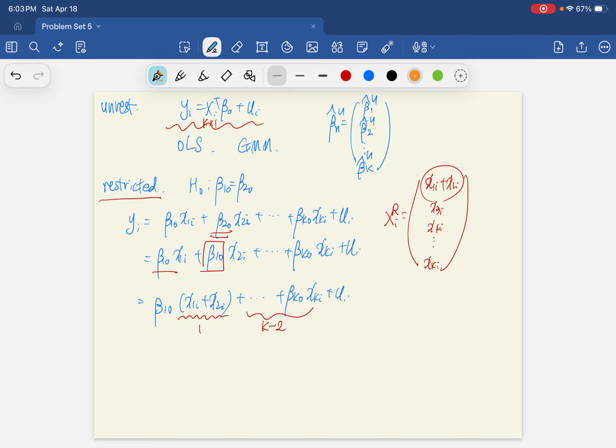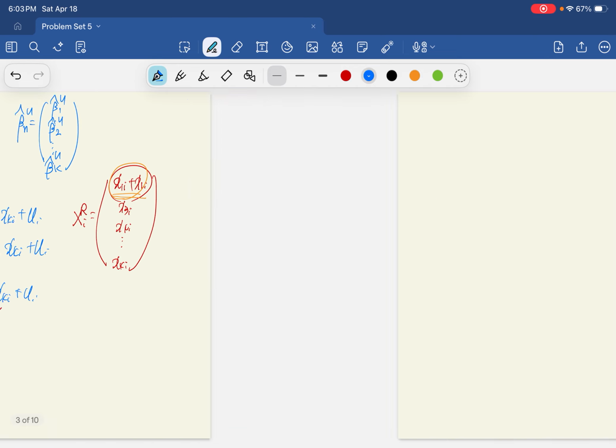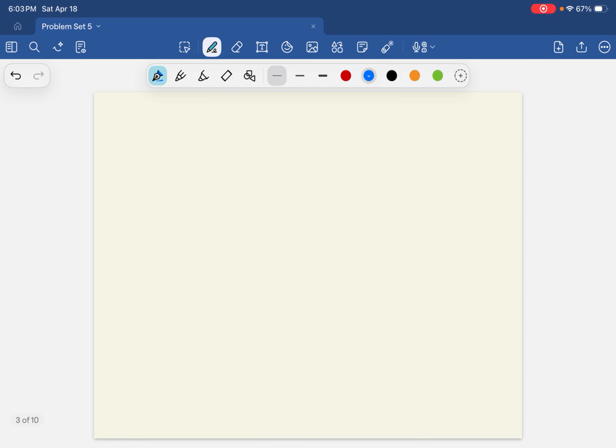That's here, right? This is the difference, and you are reducing the number of parameters by treating two regressors as one by adding them. So that is the restricted estimator. But I'm not going to use the restricted estimator in this question. I should have updated the question, but I didn't.